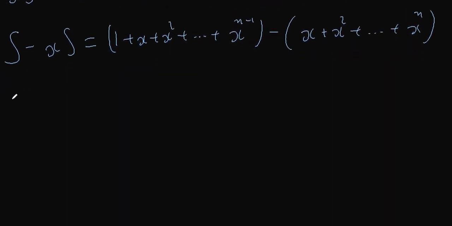And now, if we factorize s on this side, we get s times 1 minus x is equal to, now what happens if you subtract this from this?